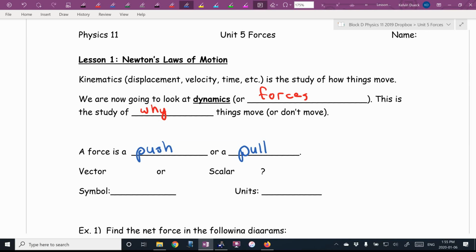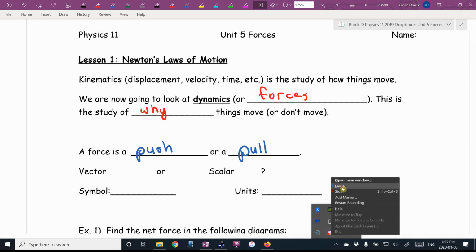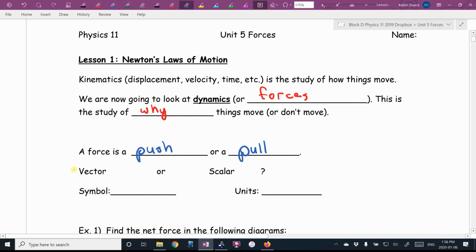Is a force a vector or a scalar? I wonder, does direction matter? Pause the video and we'll figure it out. What would be a good letter to use for force? Anyone? Yeah, capital F. If you want to, you can put the vector symbol on it.